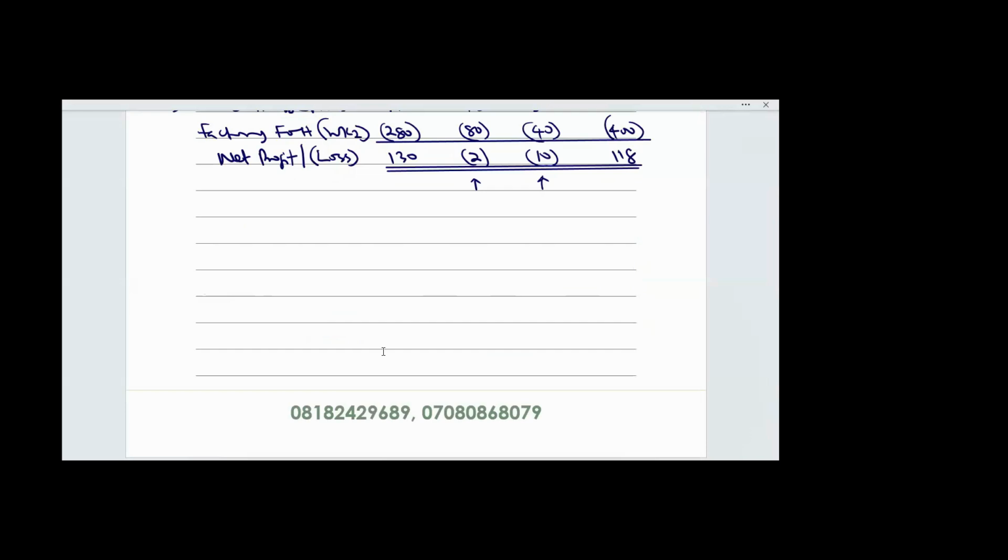The general fixed overhead cannot be attributable to the segment, because when you are using contribution margin approach, your focus is on sales value and then the relevant cost associated with the segment. You are less concerned with general fixed overhead. However, for the company as a whole, the entire 400,000 naira will go to the company as a whole, but it's not going to be allocated to each of the segments.